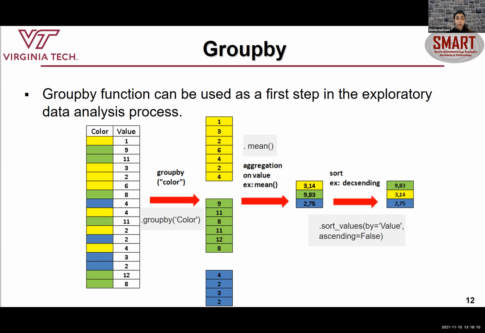As you can see, you can group by one column and then aggregate the values inside each of the groups. Like here, we are grouping by the color, and inside each unique color, we are taking the mean of the values inside the cells. This is how groupby works. It gives you aggregated results of the data.